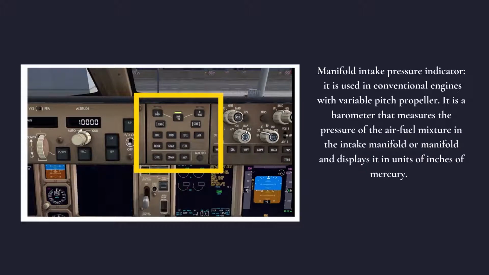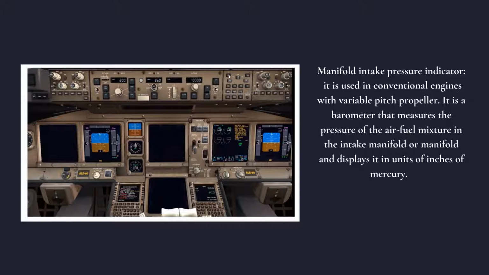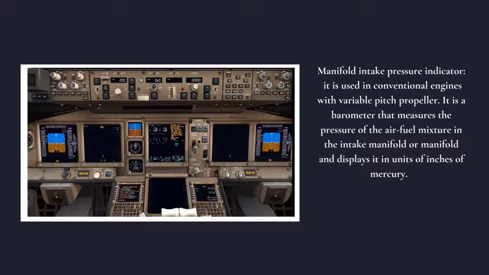Is a barometer that measures the pressure of the air-fuel mixture in an intake manifold or manifold and displays in units of inches of mercury. This indicator informs the pilot of the engine power the higher the pressure.